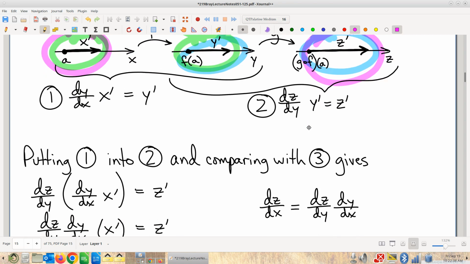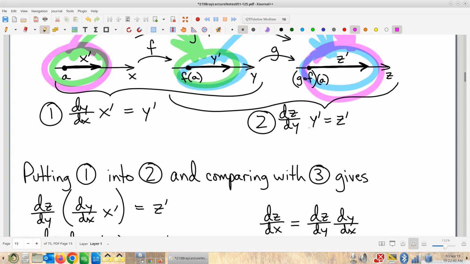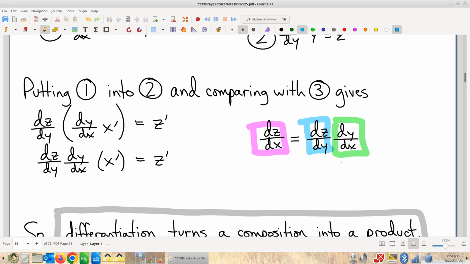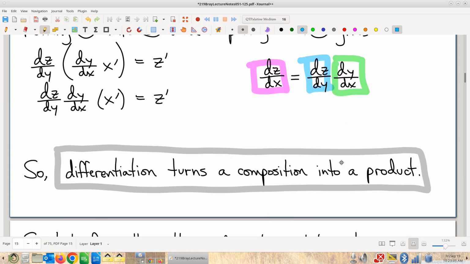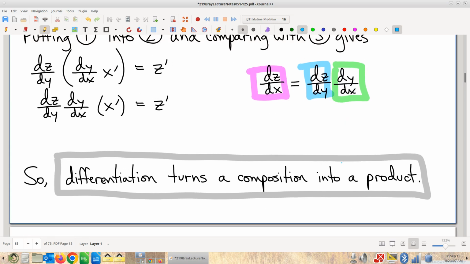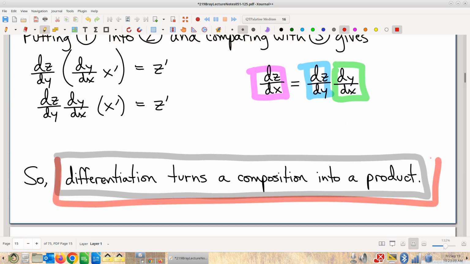And then keeping in mind what those factors are, this purple factor is green times blue. And so the idea that factors multiply ultimately is all that this is. And notice this gives us the single variable chain rule that y'all have known for quite some time now.